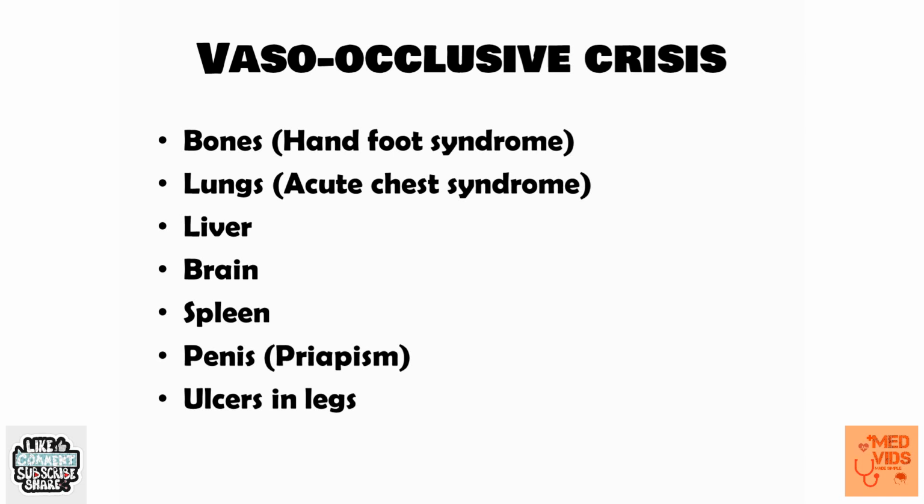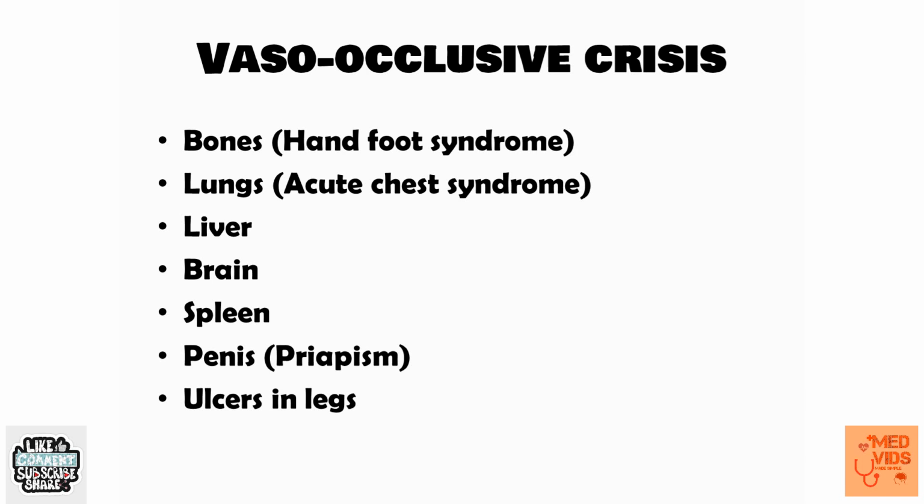So it can affect the bones. For example, in children, it can affect the small bones in the hands and feet by causing obstruction of the small blood vessels which supply these bones. This can lead to dactylitis, and this is what is classically described as hand-foot syndrome in children.